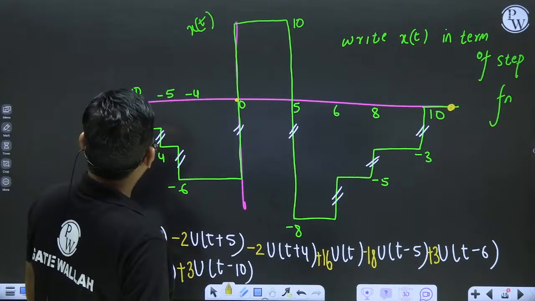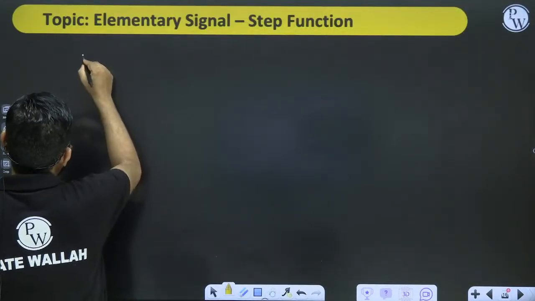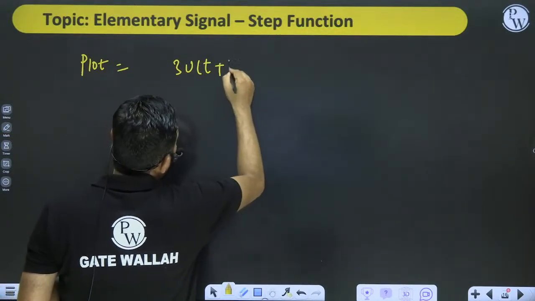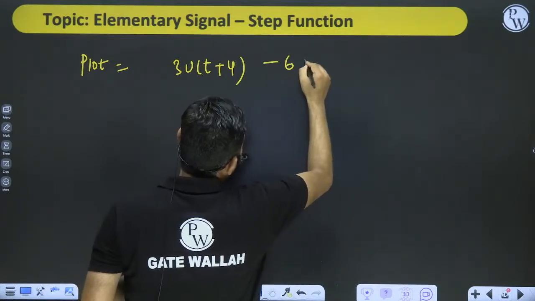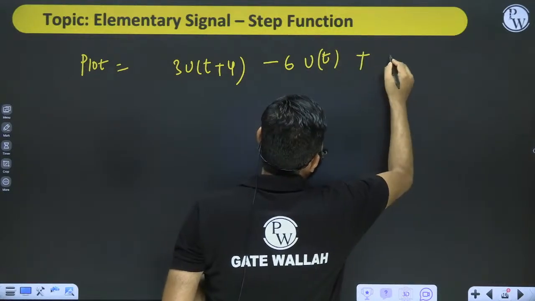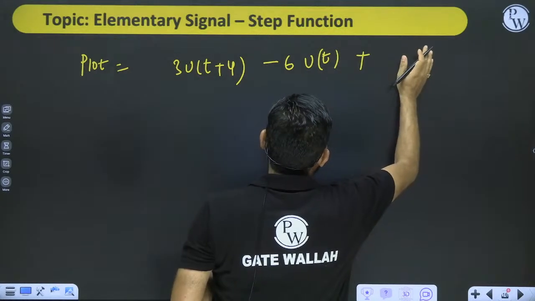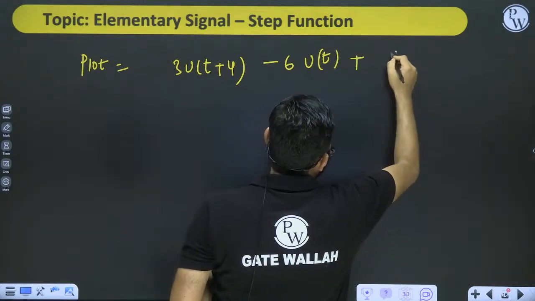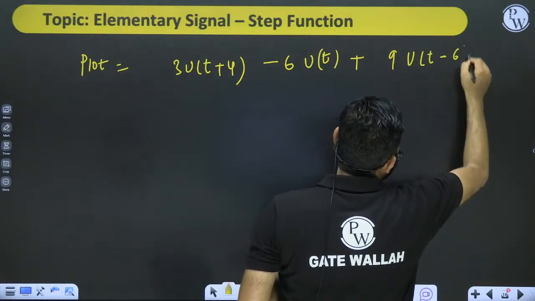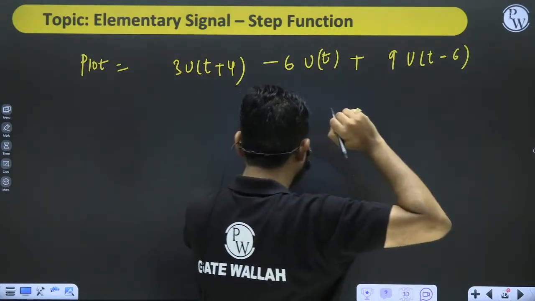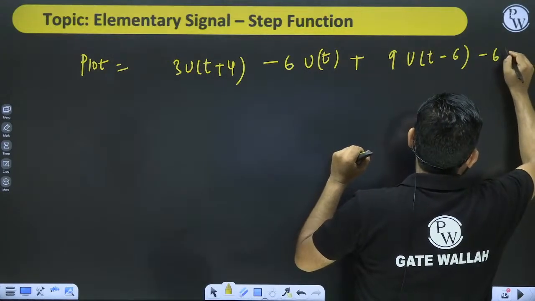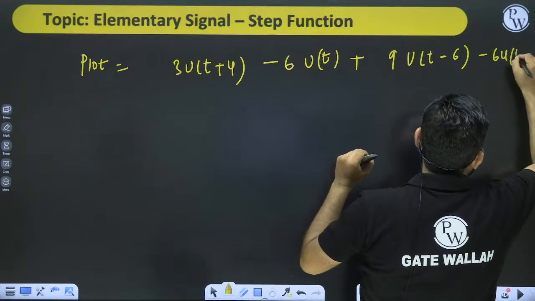And again one question: plot 3u(t+4) minus 6u(t) plus 9u(t-6) minus 6u(t-10).